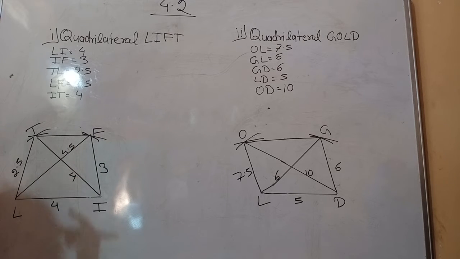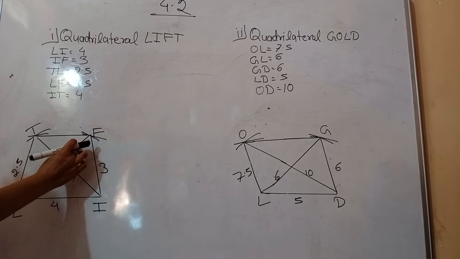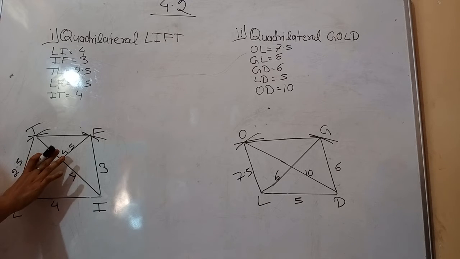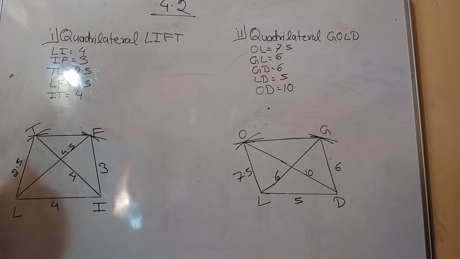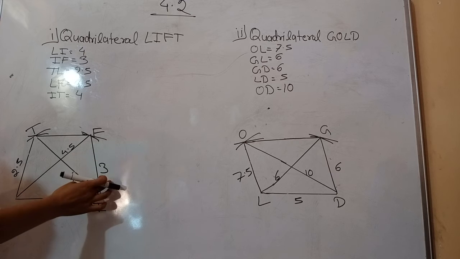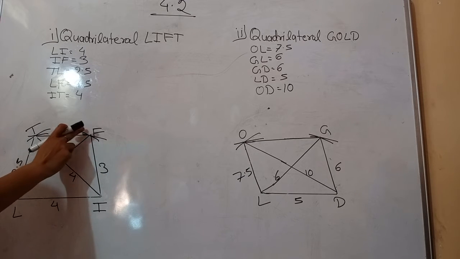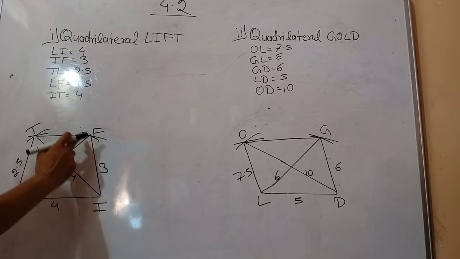Now for the intersection of this arc, place your divider on L and take radius 4.5 centimeter, and cut the previous arc at F. Already there is one arc of 3 centimeter; now the next arc with center L of 4.5 centimeter, cut it and name it F.